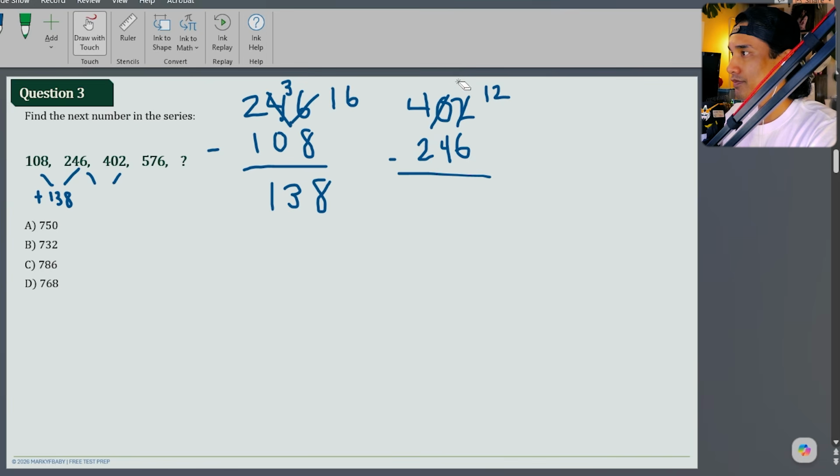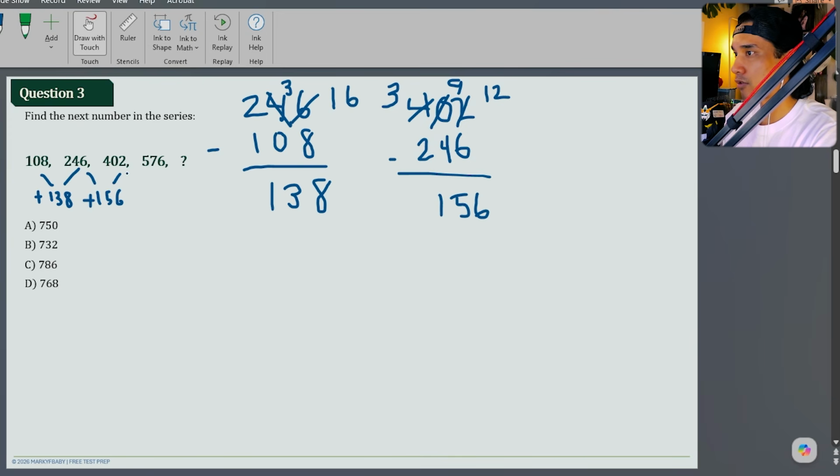This is going to equal a 9. So this is 12 minus 6, that equals 6. 9 minus 4, that equals 5. 3 minus 2, that equals 1. 156.